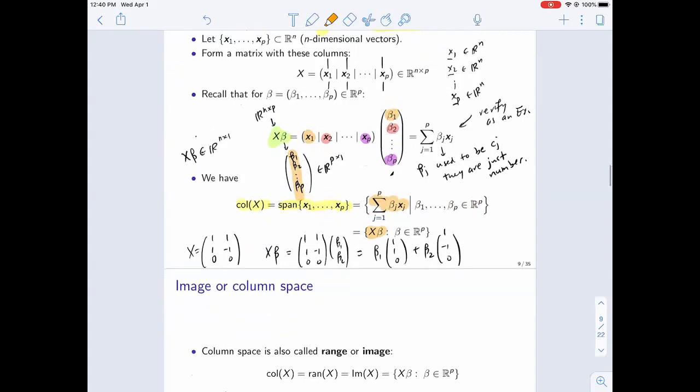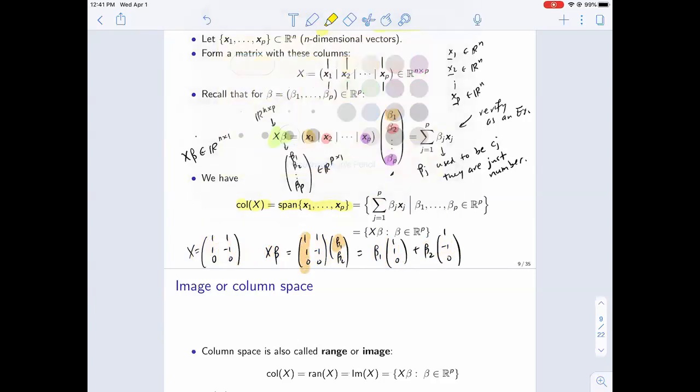This is the X, and a general element of the column space can be written as X beta, which is something like this. You can verify that this is equal to this. Each element of beta gets multiplied by the corresponding column, and then you add them up.